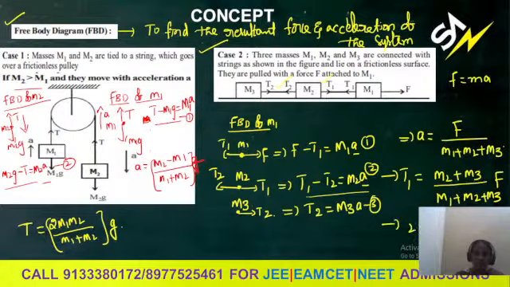Next, T2. T2 is acted upon by M2, which can affect the M3. So with that force, it is pulling M3. So we can write M3 by total mass M1 plus M2 plus M3 into F. So by this way, you can remember: acted upon by which object, that mass will not come here.